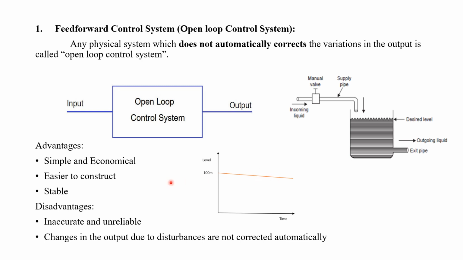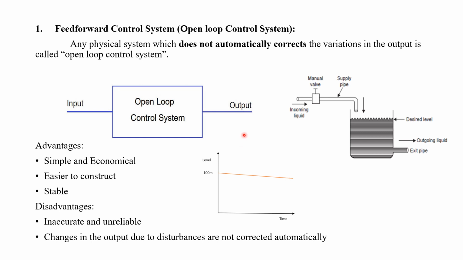Now the drawbacks. So the advantage is that it is stable, and the disadvantage is that this open loop control system will be inaccurate, because we set the tank level as 100 meter. After a few years, it will automatically reduce to 90 meter or 85 meter, etc. The system is not capable of correcting it.